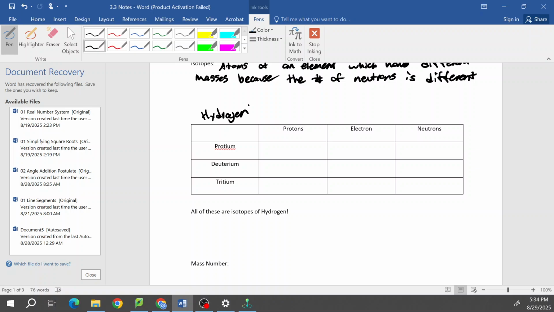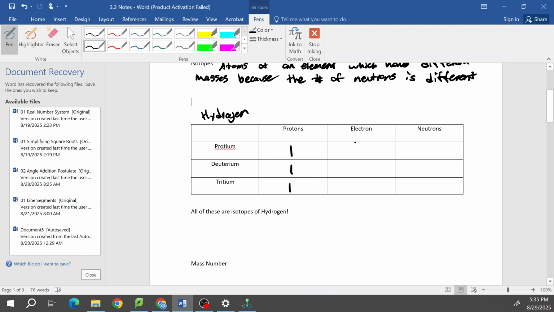Since these are all isotopes of hydrogen, they should all have the same number of protons. If I look at the periodic table and find the atomic number of hydrogen, it's 1. So all atoms of hydrogen have 1 proton.